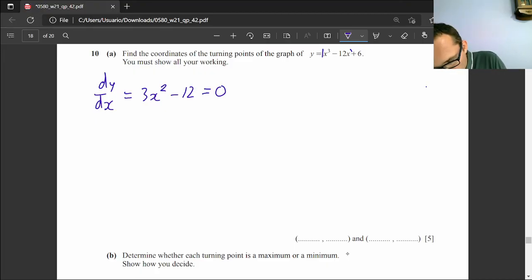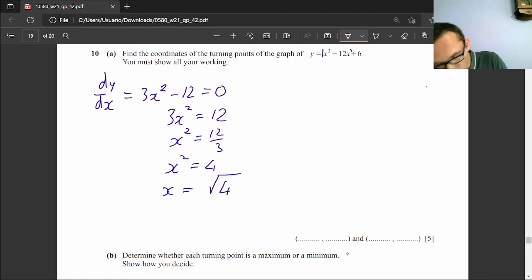Then we need to solve. Let's move that 12 across, so that gives us 3x squared equals positive 12. Divide by 3, so that gives us 4, and then square root of 4. As you know, we have two possible answers, two points, and we know that if we square negative numbers, it becomes positive.